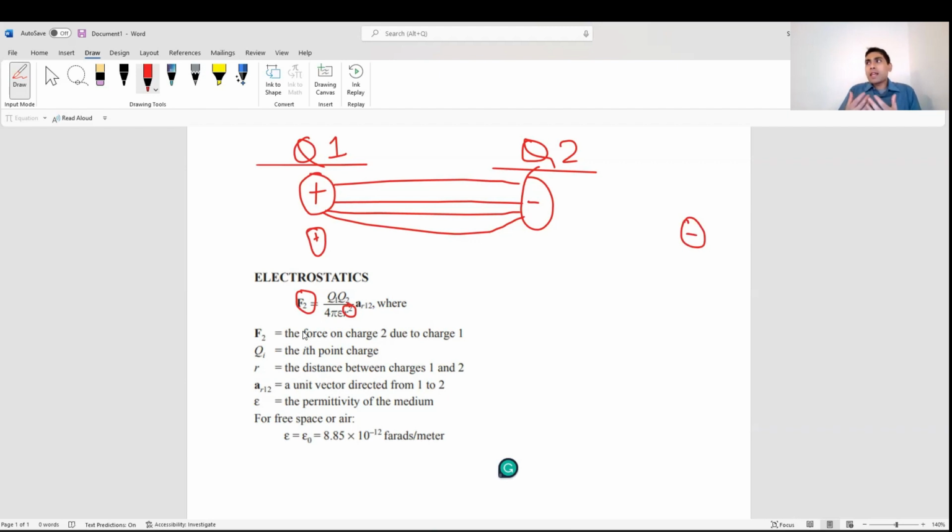There would be less and less attraction, so Q2 won't feel that attraction for Q1 anymore. So distance plays a critical role in how much the force of attraction would be, and it is related by the square, inversely proportional, inverse square.